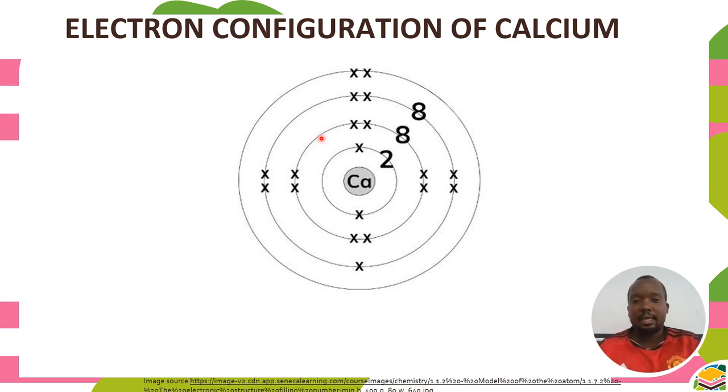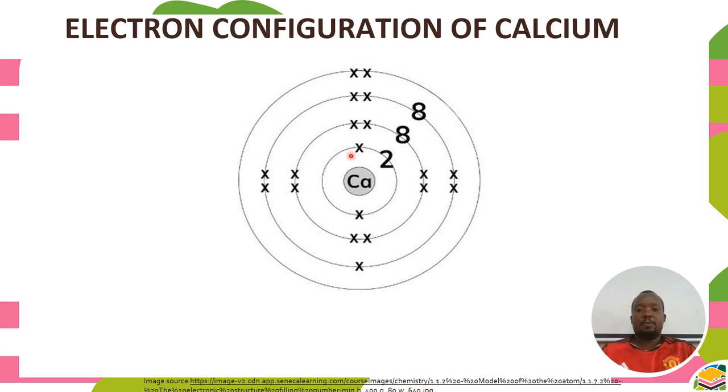So 8 electrons will be filled in energy level number 2. As you can see in this energy level number 2, we have a maximum number of 1, 2, 3, 4, 5, 6, 7, 8. A maximum number of 8 electrons.